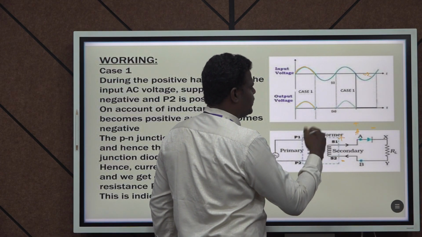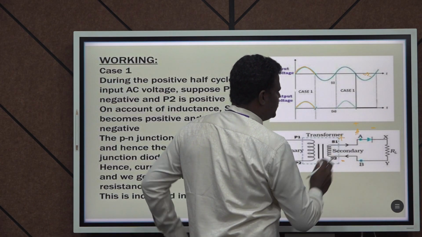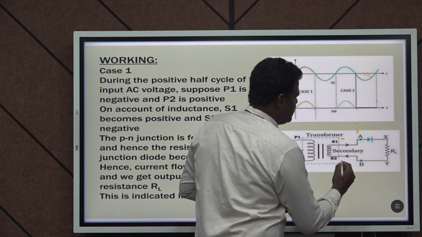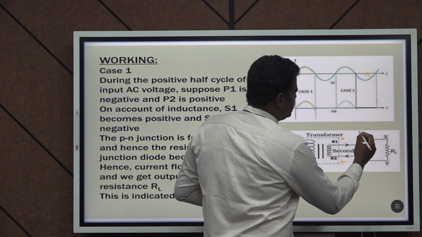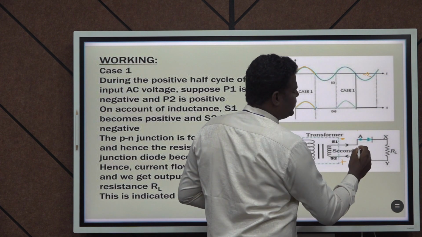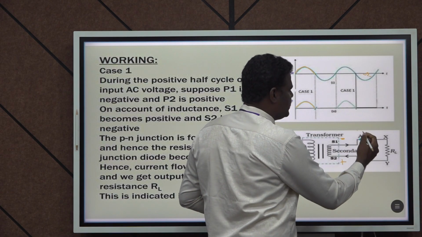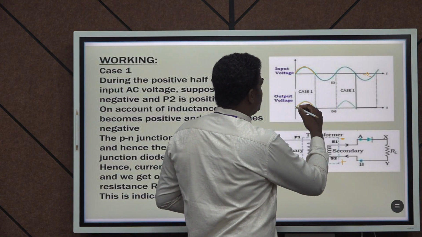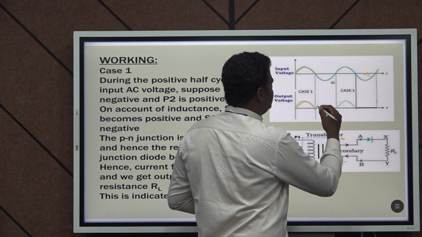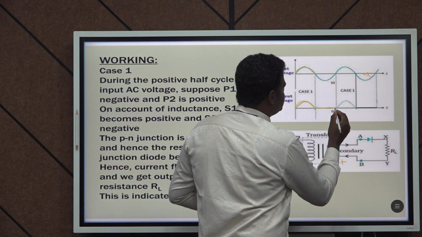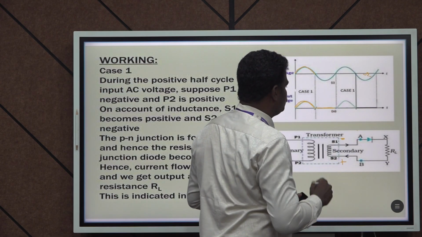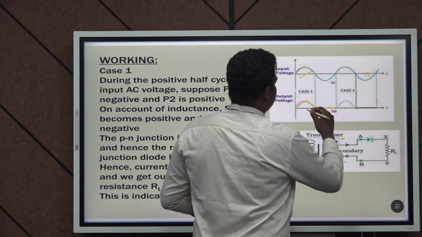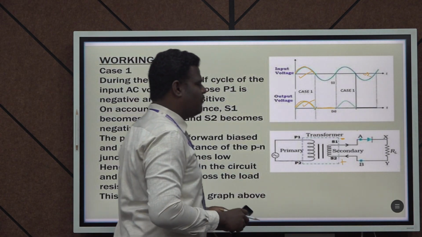Then during the negative half cycle, this terminal becomes minus and this one plus, so the diode is in reverse bias, in blocking state. In blocking state it doesn't allow the input signal. So from the positive half cycle it starts conducting, and in reverse bias it is in blocking state, therefore there is no output. It allows only the positive half cycle to the output. This is called a half wave rectifier.